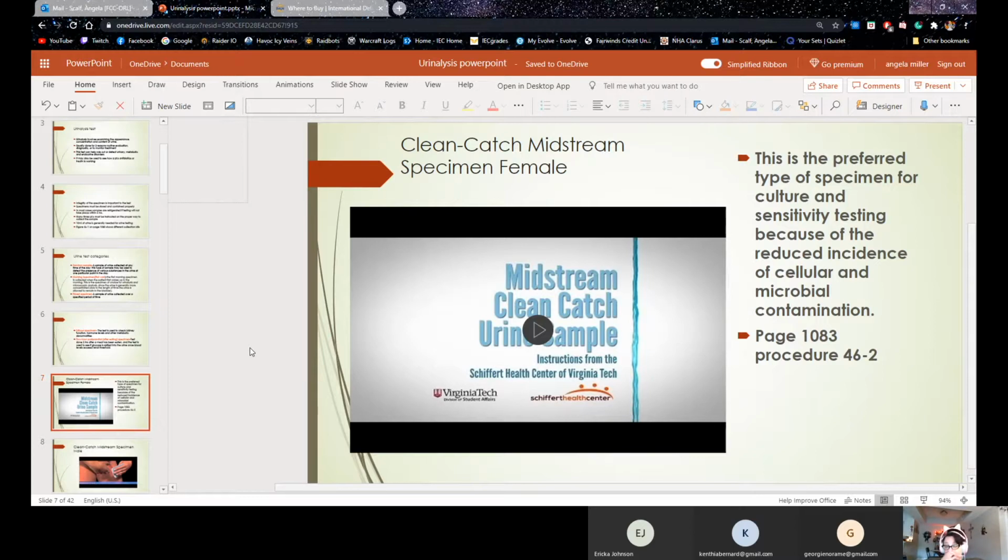And that is basically where we give them the little wipes in a cup. It comes in a package, and we teach them how we need to instruct them before they go in. If they're not familiar, you can ask them, do you know how to perform a clean catch? And if they say yes, then they're good to go.